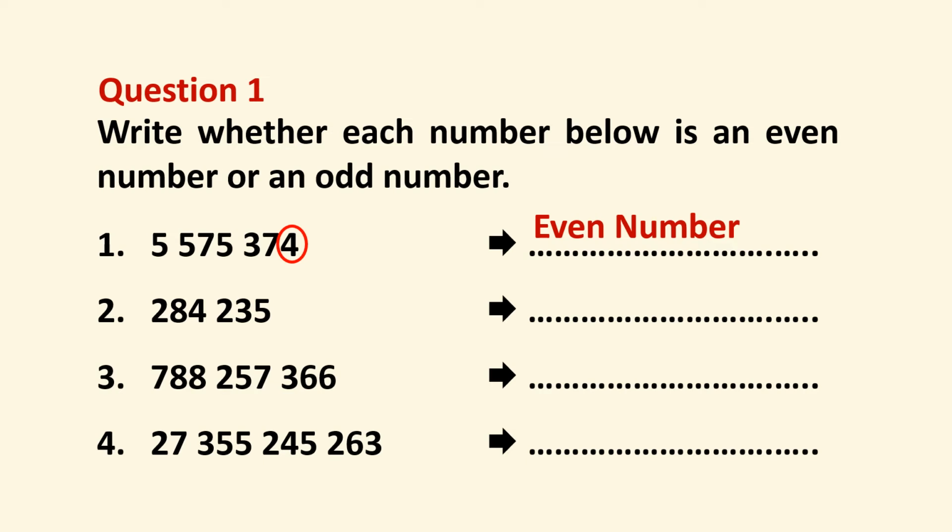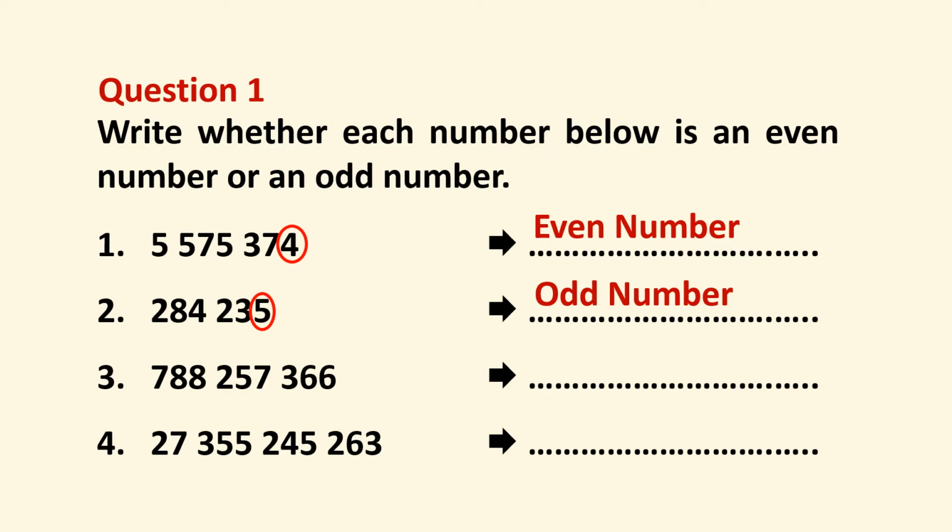Second one, 284,235. There the digit in the ones place is 5. 5 is an odd number. So I can say 284,235 should be an odd number.